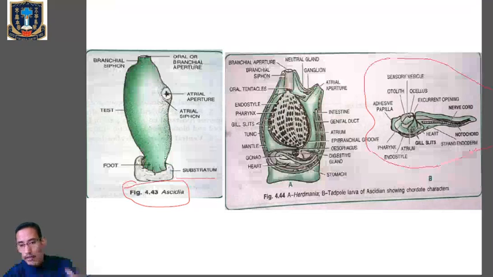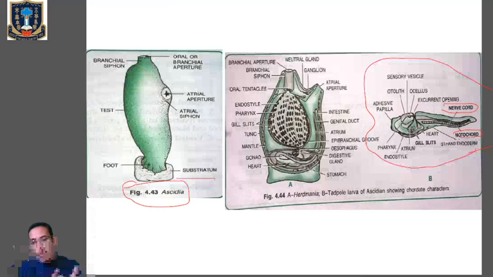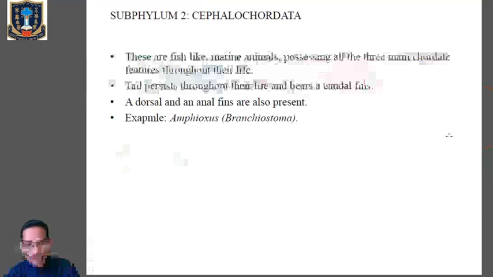In the larval stage you can see the presence of nerve cord and notochord, but once it undergoes metamorphosis, we cannot see the presence of nerve cord and notochord. So this type of metamorphosis is called retrogressive metamorphosis. Clear?